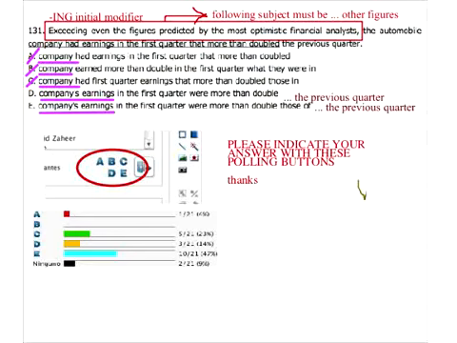So the problem with D is that D says double the previous quarter itself, which is not okay, because you can't take a quarter and multiply it by 2, a quarter being a period of time. Instead, what you need is double the earnings of the previous quarter. So this is a correct comparison.